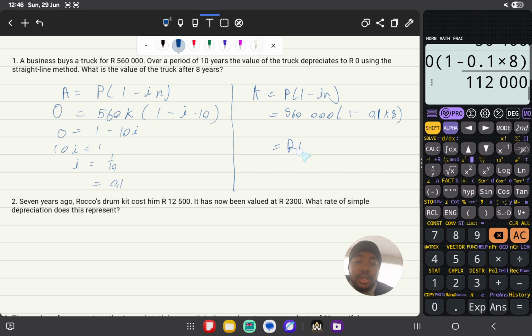So the value of the truck will be this much. The question almost blew me off. I remember the formula we used in the previous video.